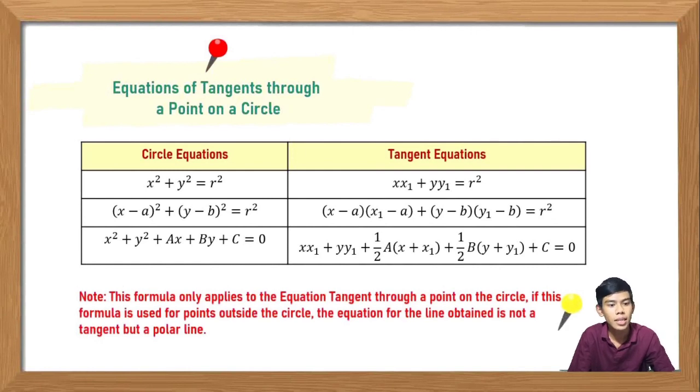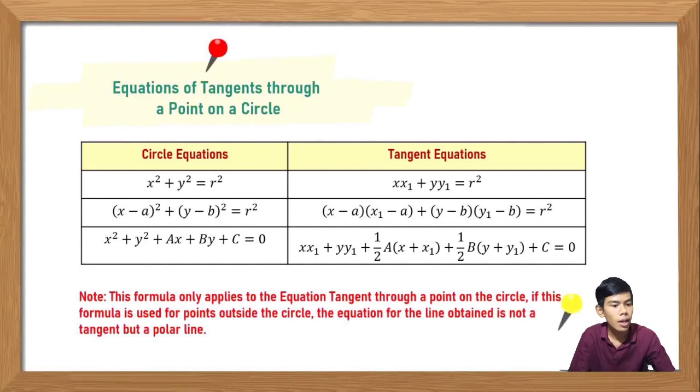If the circle equation is x squared plus y squared equals r squared, the tangent equation is x times x sub 1 plus y times y sub 1 equals r squared. If the circle equation is (x minus a) squared plus (y minus b) squared equals r squared, the tangent equation is (x minus a) times (x sub 1 minus a) plus (y minus b) times (y sub 1 minus b) equals r squared.